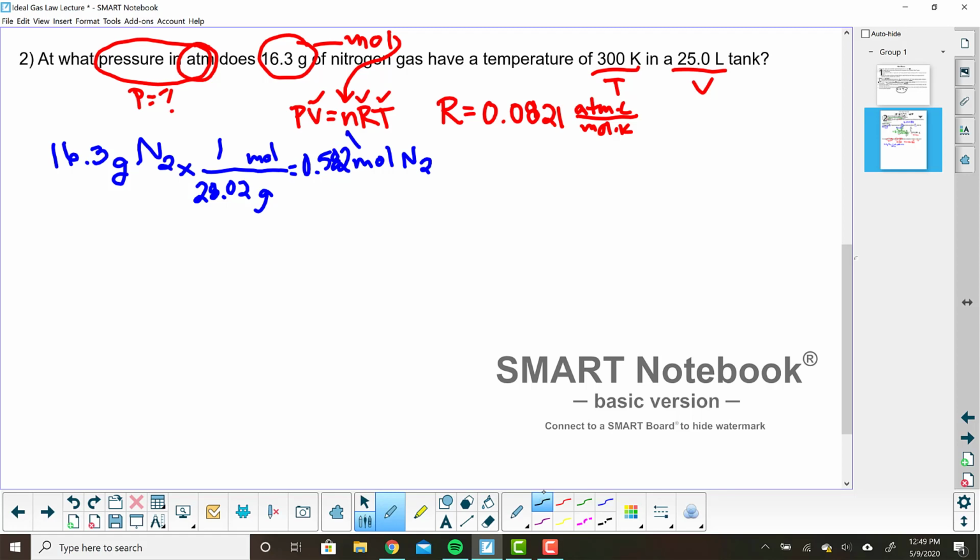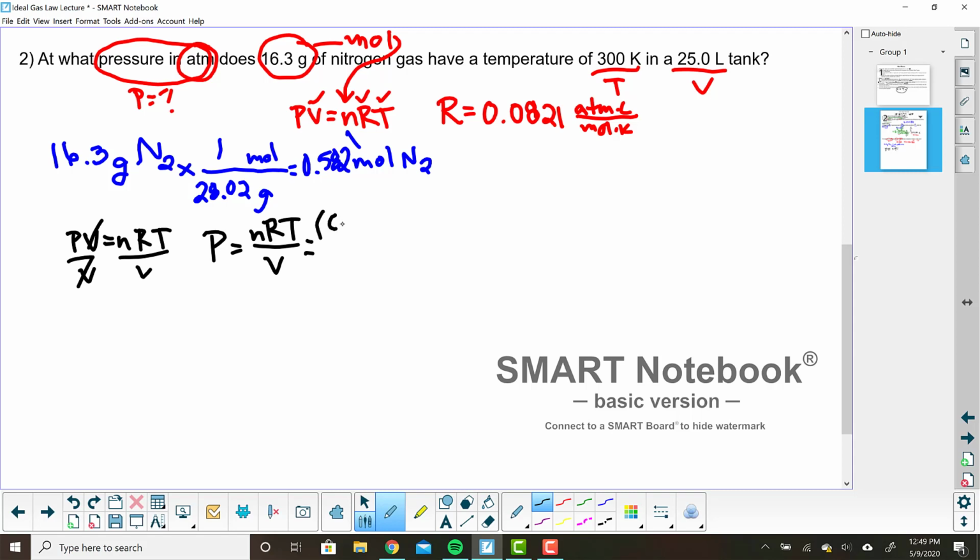Let's go back to this equation, PV equals nRT. We need to solve for pressure. So we need to divide both sides by volume. Those will cancel out. We'll be left with pressure equals nRT all over volume. Then we just need to plug in. We know the N value.